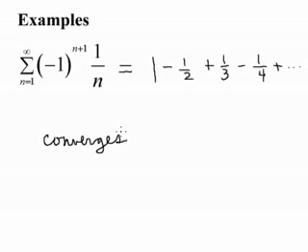And the (-1)^(n+1) makes it an alternating series. So by the alternating series theorem, the series with the (-1)^(n+1) in it converges, even though the series sum 1 over n with all positive terms diverges by the integral test.